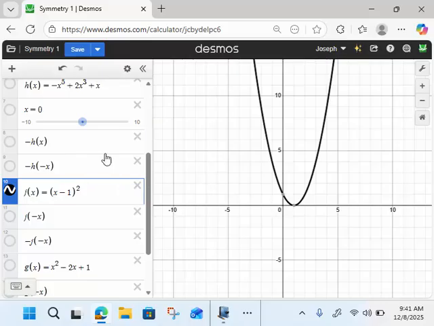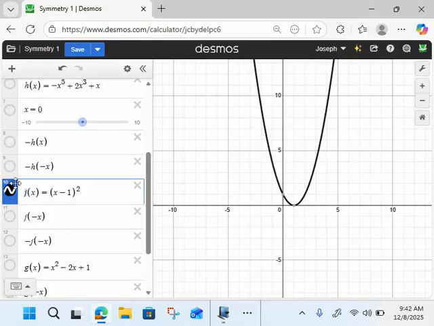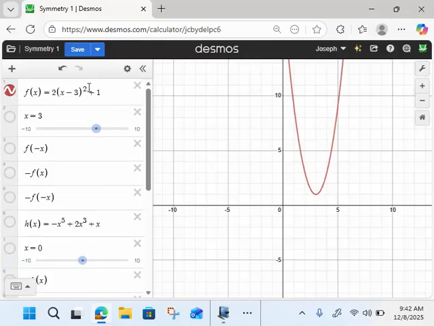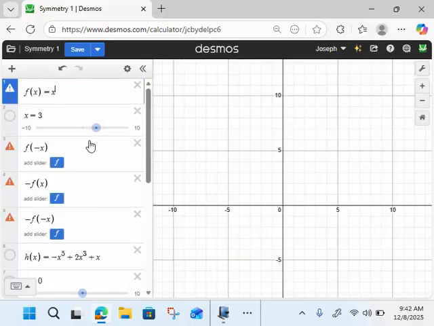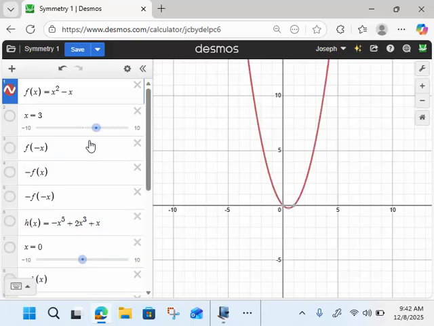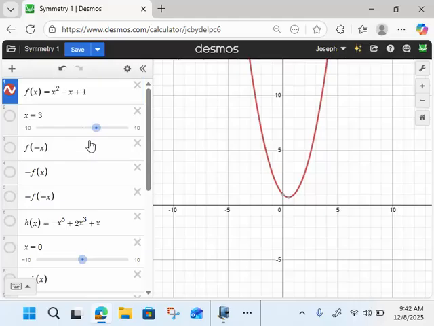So anyhow, I hope this clears up things for you. The best thing you can do to learn is practice. The way I suggest you practice is come to Desmos, pick any function, just make one up. It doesn't have to be a polynomial, whatever. Just pick any function. Look at the graph. Ask, is it symmetric or is it anti-symmetric, right?